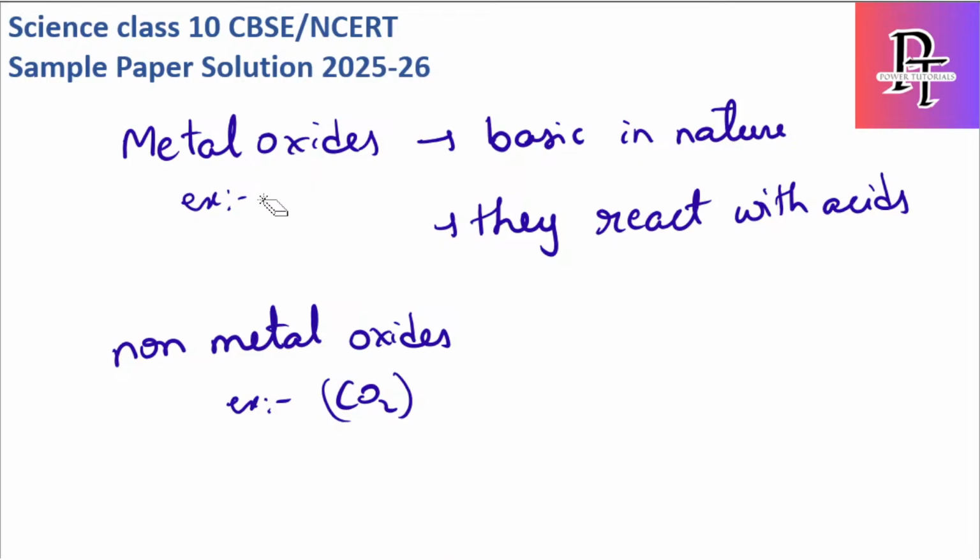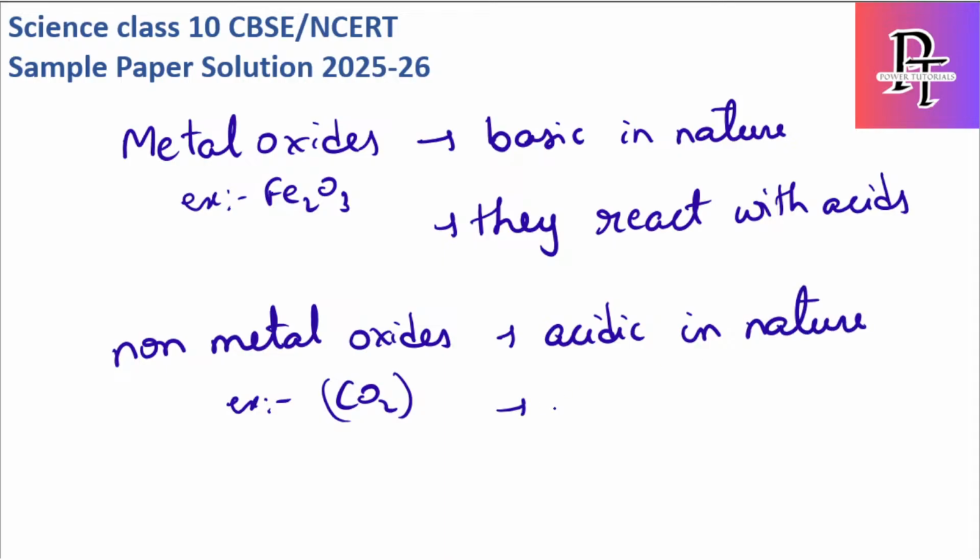I will explain aluminum later. I can take the example of iron oxide, which is Fe2O3. So all the metal oxides are basic in nature, they react with acids. What about non-metal oxides? These are acidic in nature, and they react with bases.